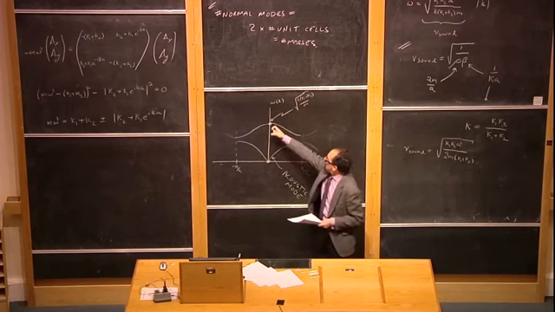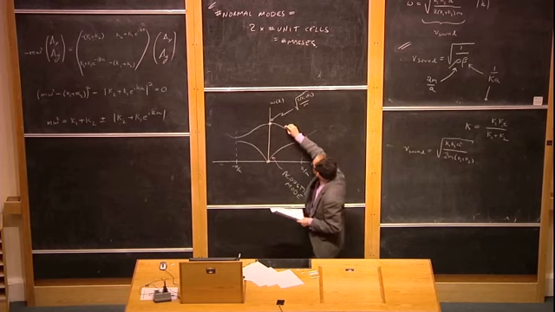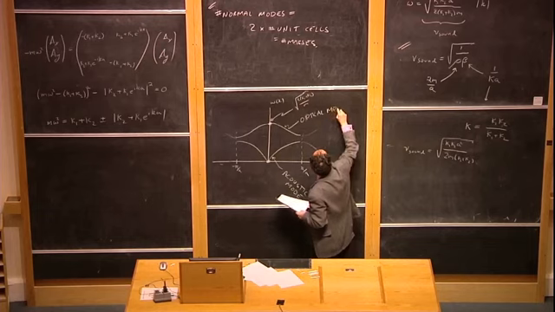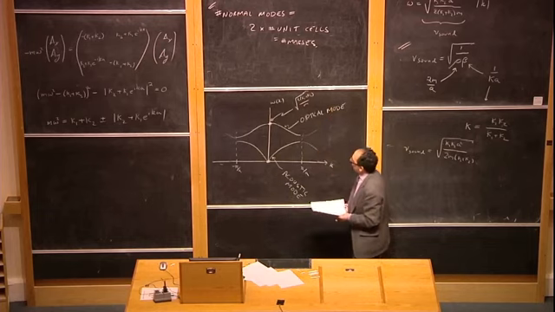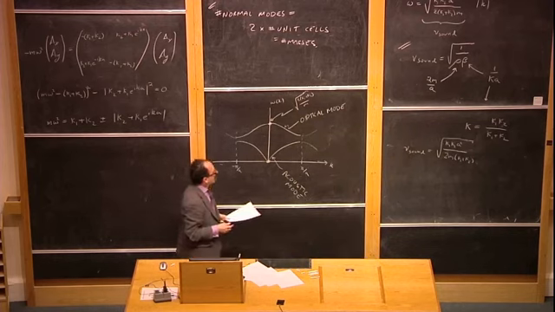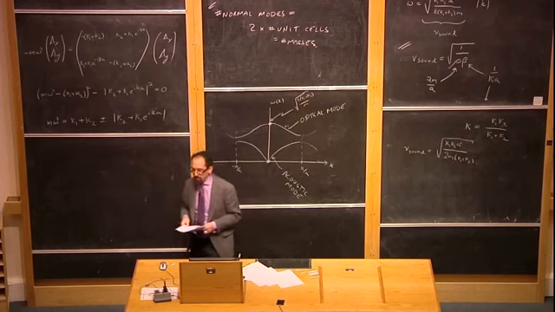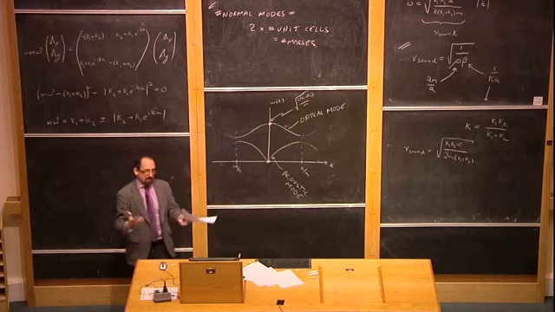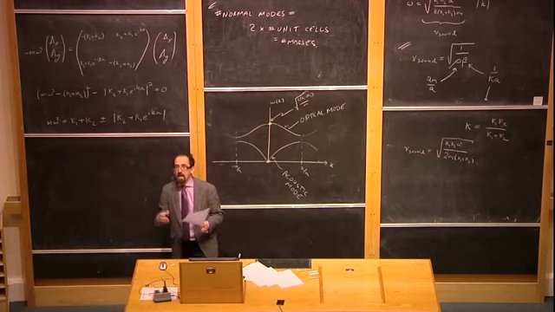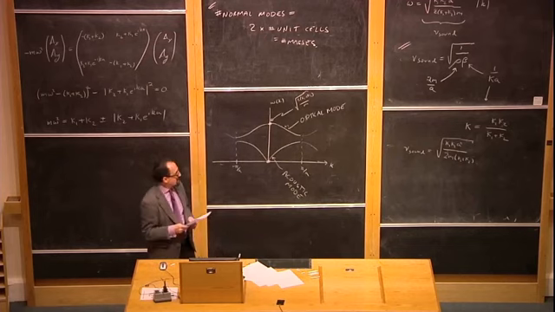Now let's talk about this mode up here. In comparison to the acoustic mode, this mode is known as the optical mode. It is a high frequency mode at k equals 0. And I should probably tell you why the name optical mode. The word optical mode comes from experiments on real materials when you shine light on the material and induce vibrations by shining light on it.